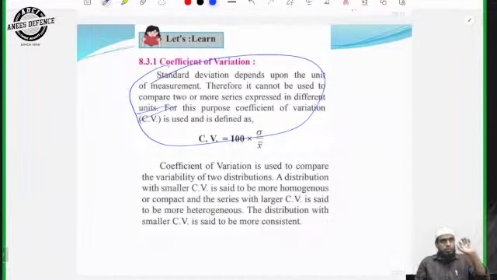But if you want to analyze two different sets of observation with two different units of measurement, what is the possibility? In that case, we can use coefficient of variation. What is coefficient of variation?